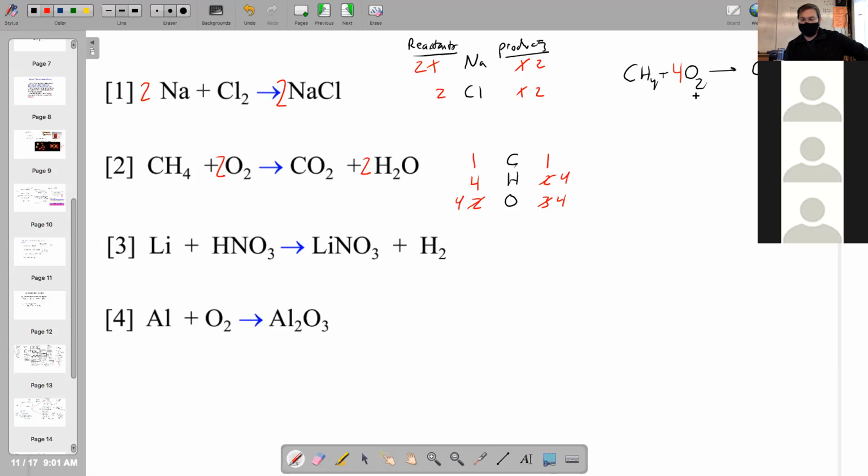And then on the left, now there's 8 oxygens. Oh, I didn't mean to put a 4 there. Just a 2, because I want 4 altogether. 4 oxygens, and now on the right, there's 2 oxygens here and 2 oxygens there. So that's 4. I never meant to write a 4. I was just thinking 4, so I wrote a 4.